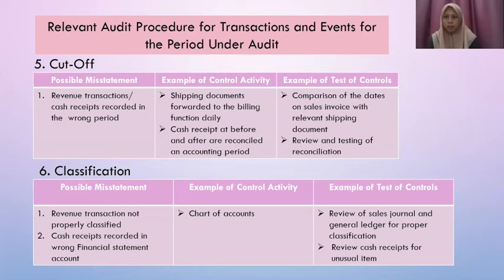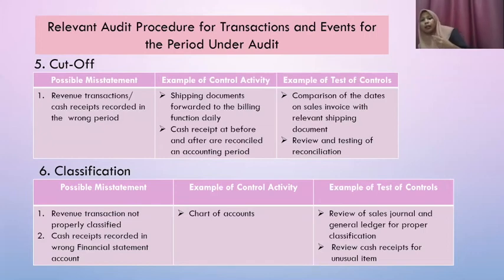In order to control this misstatement, the management can give instructions to ensure that shipping documents are forwarded to the billing function daily, and that cash receipts before and after are reconciled in an accounting period.